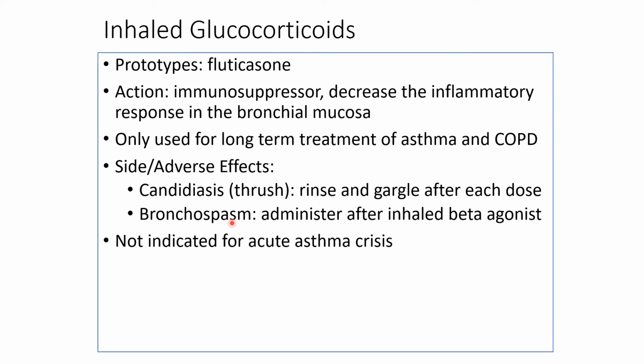You say, well, why do they use that? Because they are potent anti-inflammatories. So how do we solve the problem that when they are inhaled, they produce bronchospasm? Very simple. Before inhaling the glucocorticoid that produces reactive bronchospasm, we inhale a bronchodilator, in this case albuterol, or in long-term treatment it could be a LABA, a long-acting beta agonist.